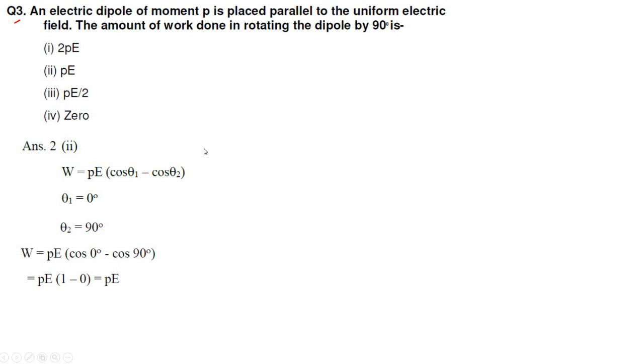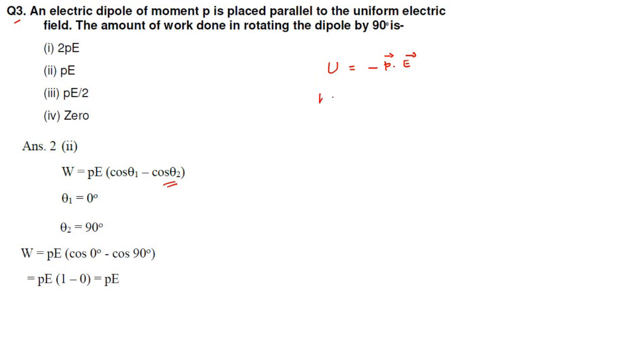You can also do this problem by using the expression for potential energy. We know this formula, minus P dot E. Even if you forgot the work done formula, if you remember this one, you can proceed.